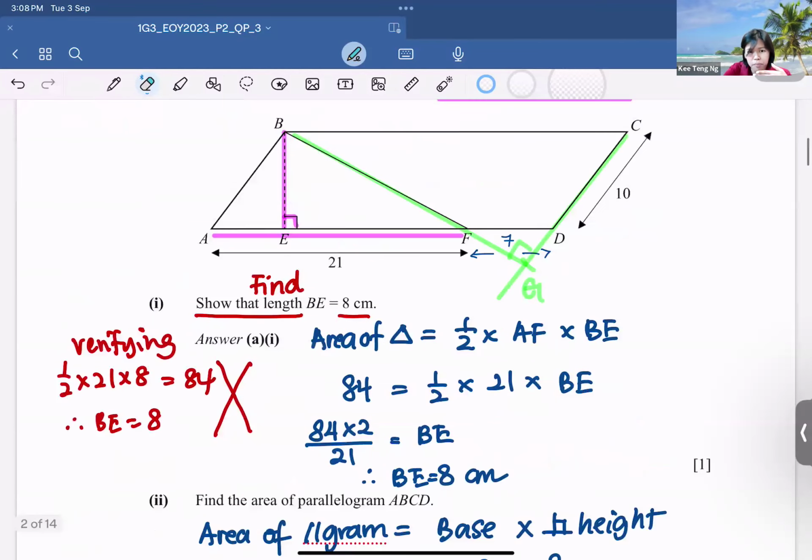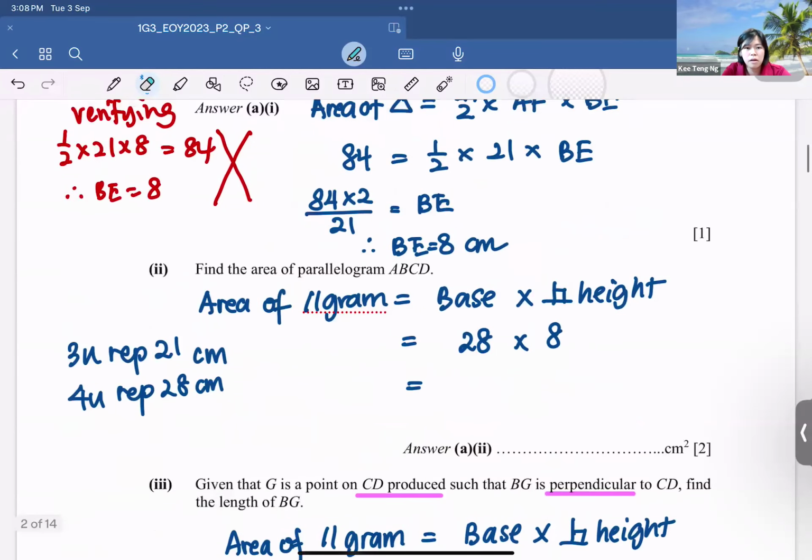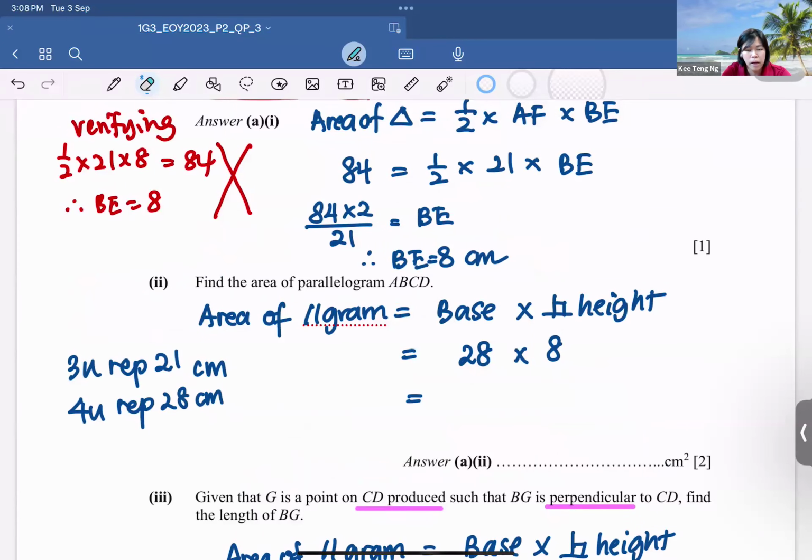Based on my memory of my answer before, I think this is not the correct answer. I thought there was a half. No, the area of a triangle is the one that has the half. I remember this one doesn't have. Give me a minute, I just check my computer answer in case I counted wrong. Oh, 224 is correct.